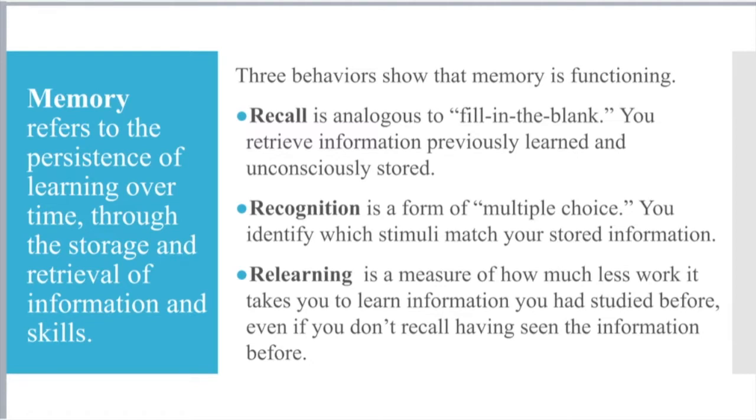And then the last one here is relearning, and it's a measure of how much less work it takes for you to learn information you had studied before, right? So if you are somebody who is taking AP Psychology next year, you're going to be learning the second half of the textbook, and the question is, how much relearning are you going to have to do when you go back and talk about units 1 and 2 and 3, right?